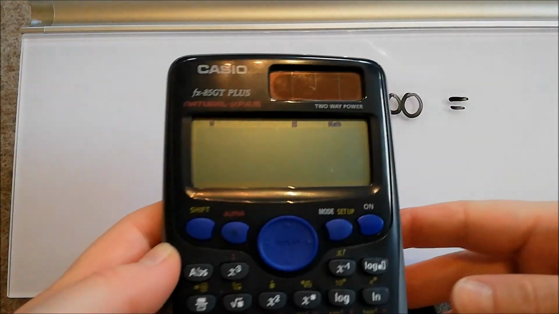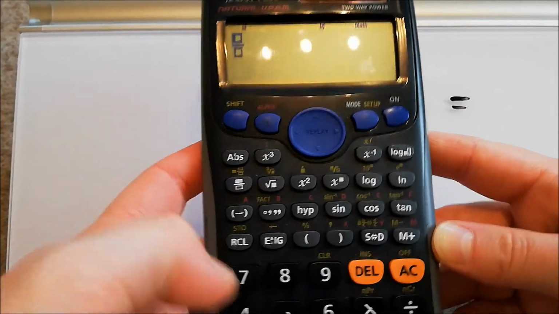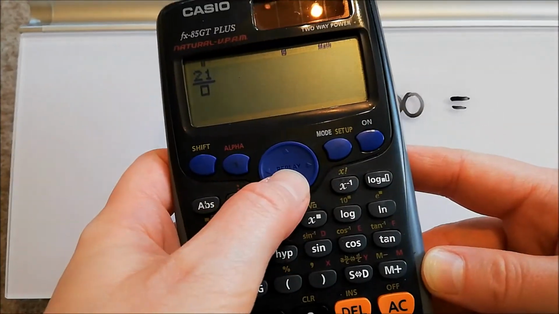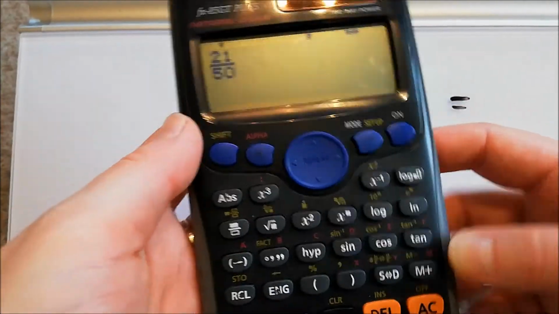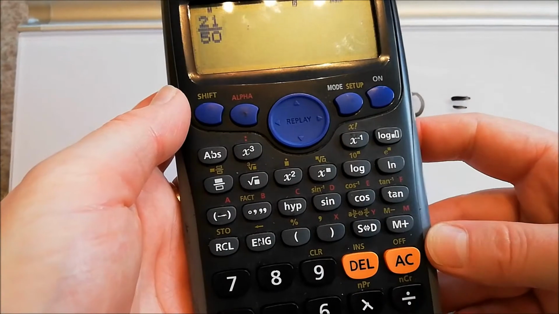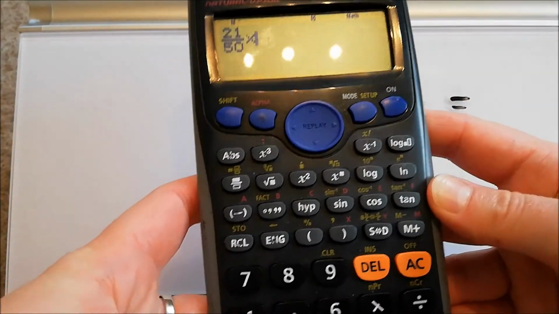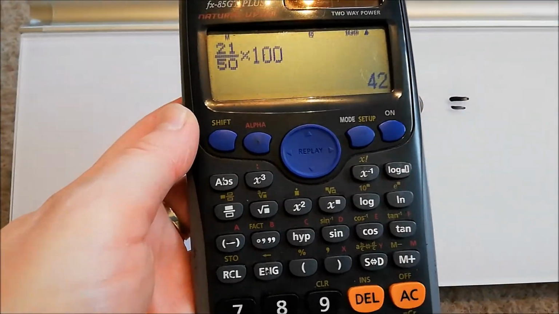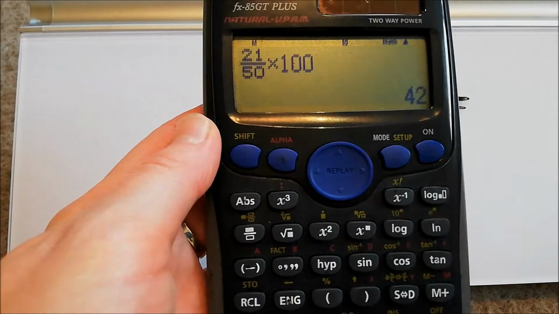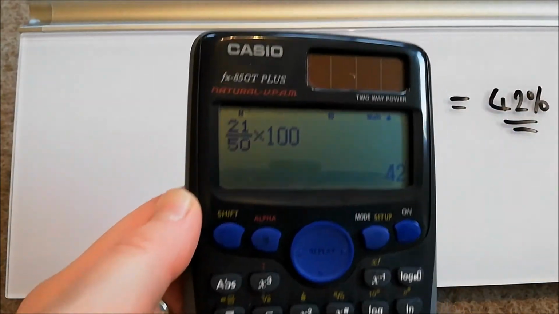So if I press the fractions button, which is that one there, I can put 21 on top and 50 underneath, like that. Then if I press the sideways arrow and press times and 100 equals, and it gives me 42. So that tells me that the final answer is 42%.